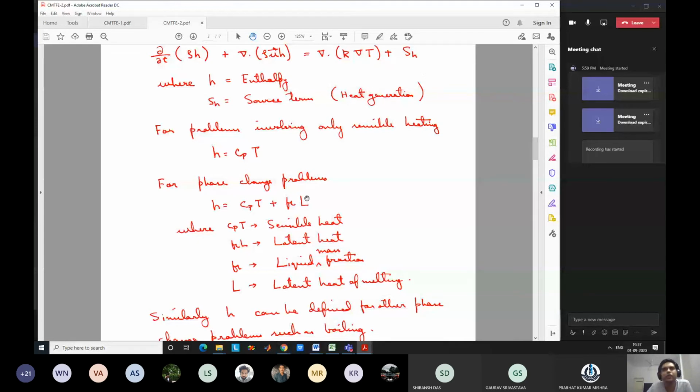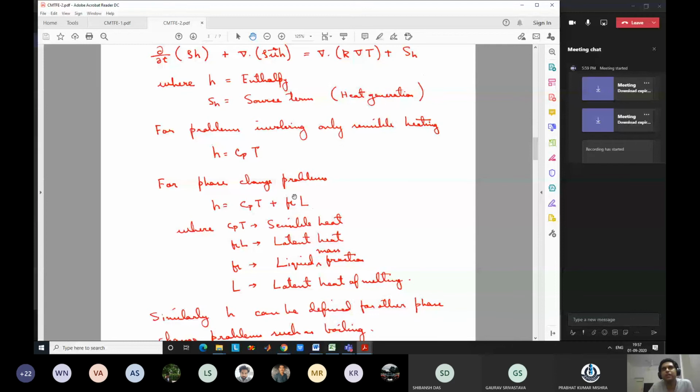However, somebody else can define this liquid to have zero latent heat because there is no fixed reference. I can say that my liquid has zero latent heat. Then I have to define the solid latent heat as minus L, right? And the term will become Cp into T minus Fs, solid fraction, into L. Is this clear now?